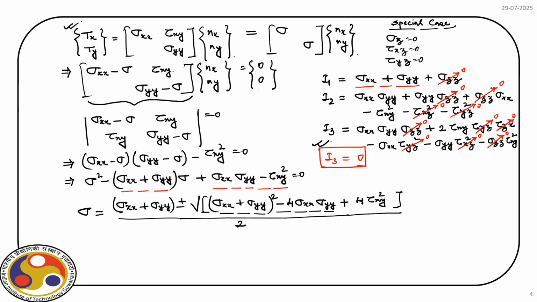So, we have sigma xx plus sigma yy square minus 4 times sigma xx sigma yy. Obviously, we can take this term inside. So, this will be minus, right. So, we have plus 4 times tau xy square.